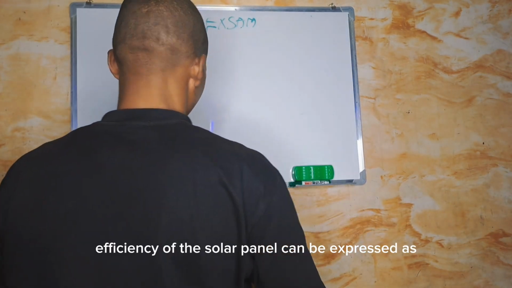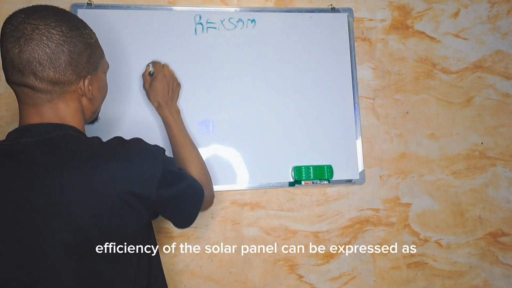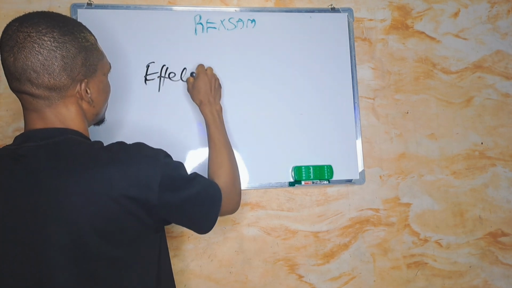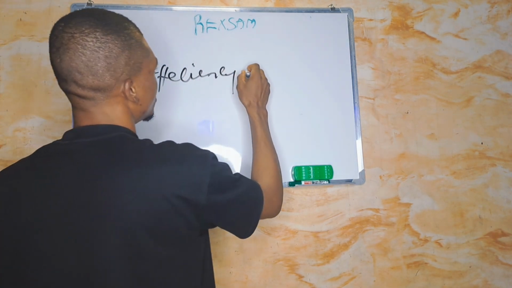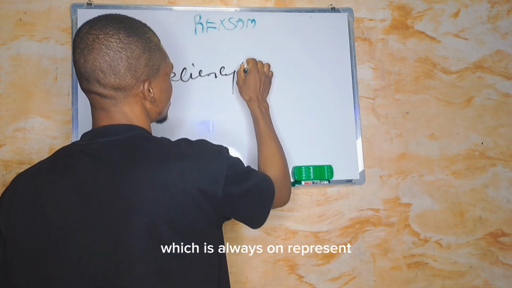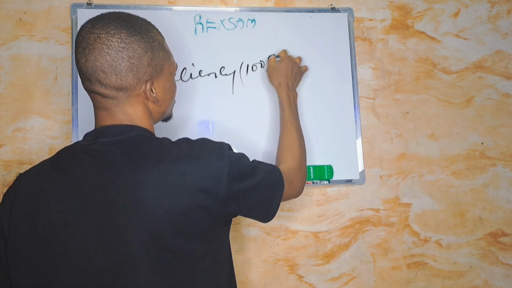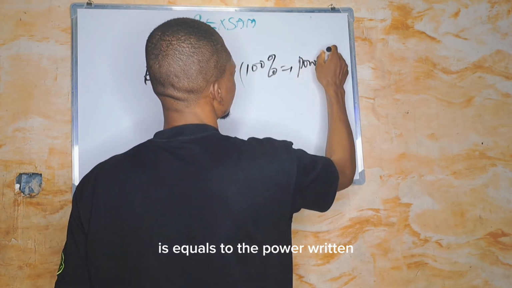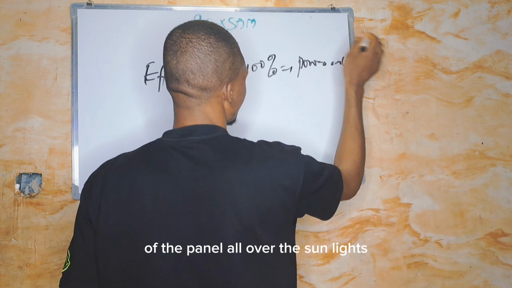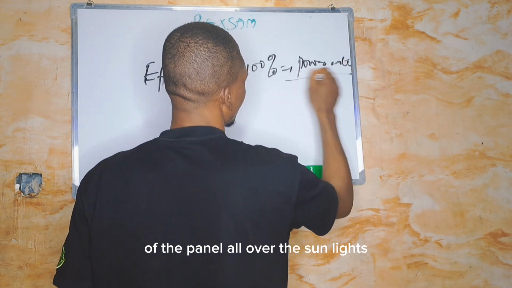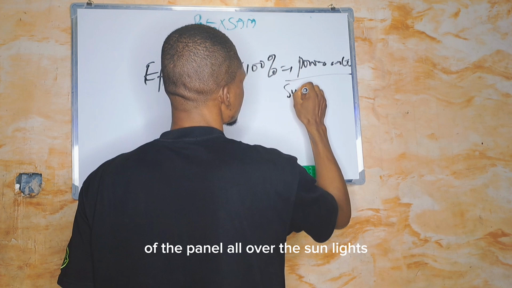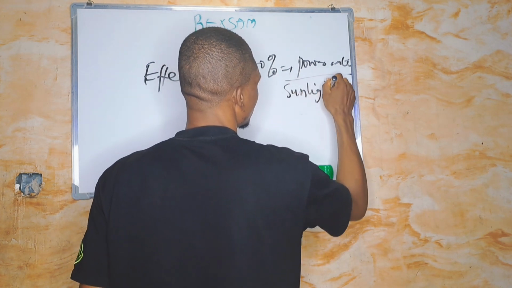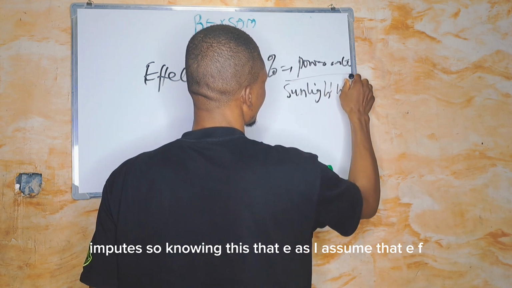Efficiency of a solar panel can be expressed as efficiency, which is always 100%, is equal to the power rating of the panel over the sunlight input.